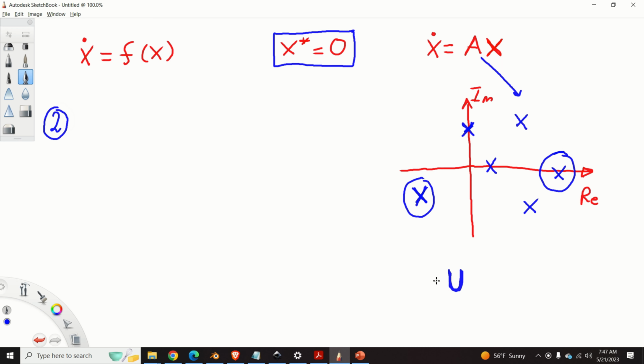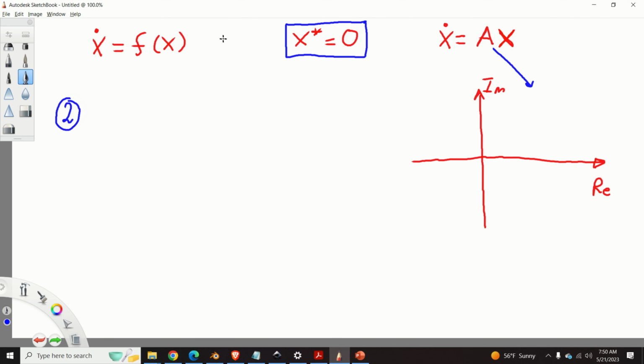Since this is the case, we can conclude that the equilibrium point of the nonlinear system is also unstable. Let us summarize the second case once more.